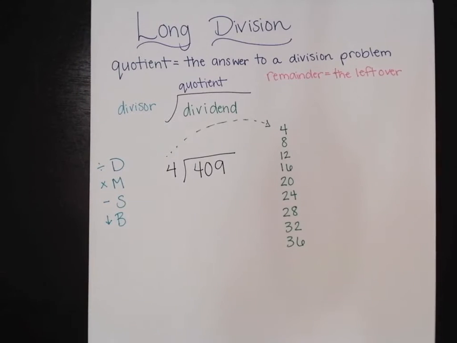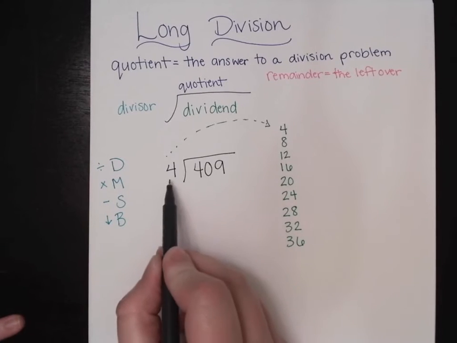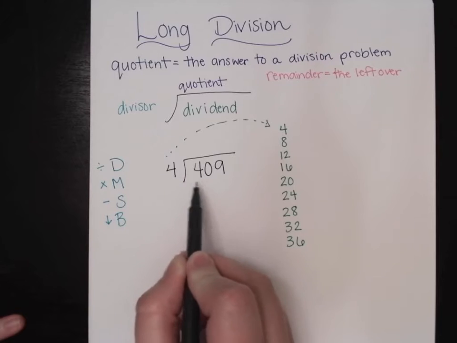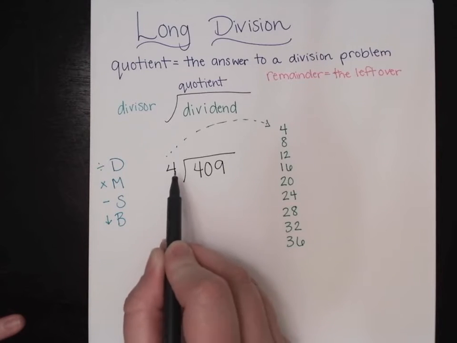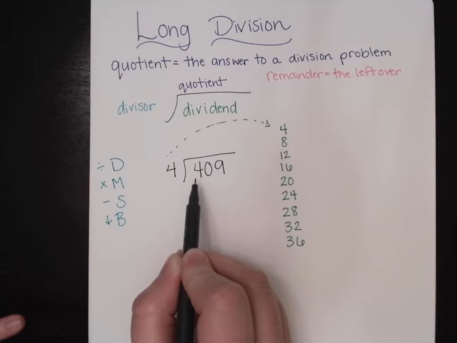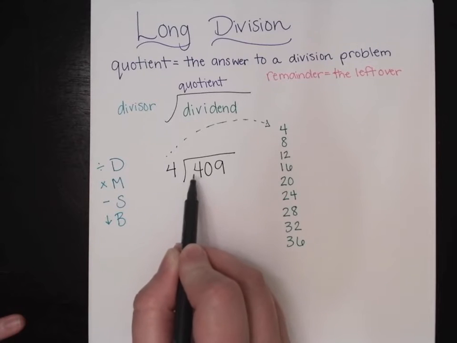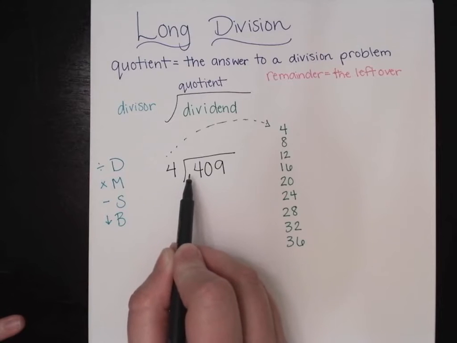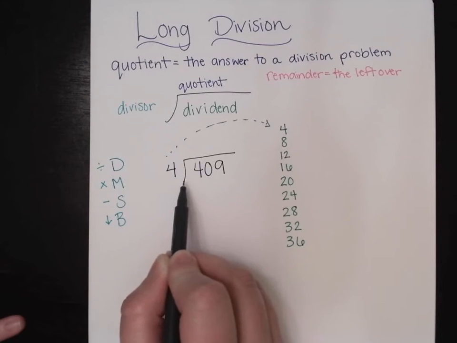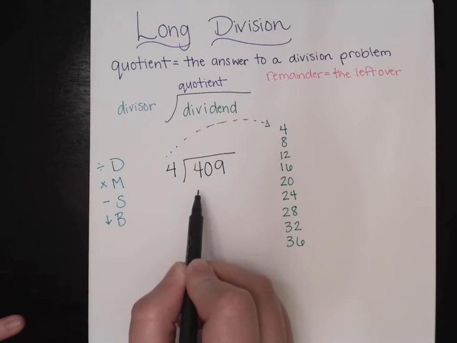So your first step in long division is to divide. That means you say to yourself, how many times does my divisor go into my dividend? So you start with that first digit. So how many times does 4 go into 4? You remember you want to have an even amount of times, so it has to go in evenly without a remainder.